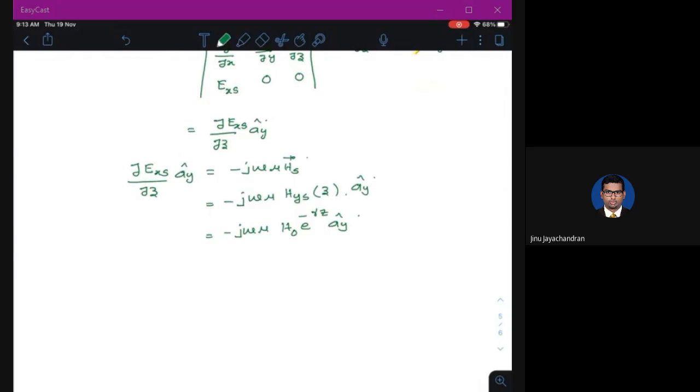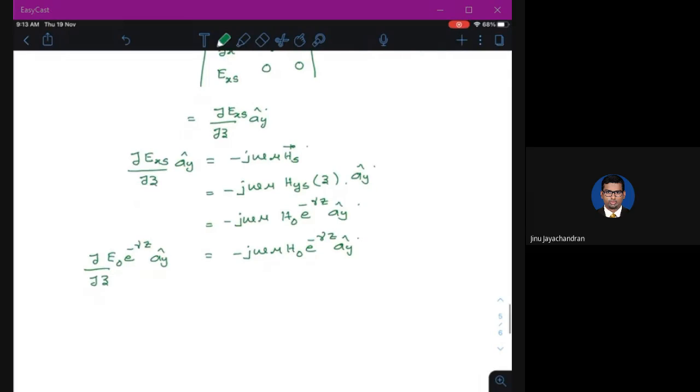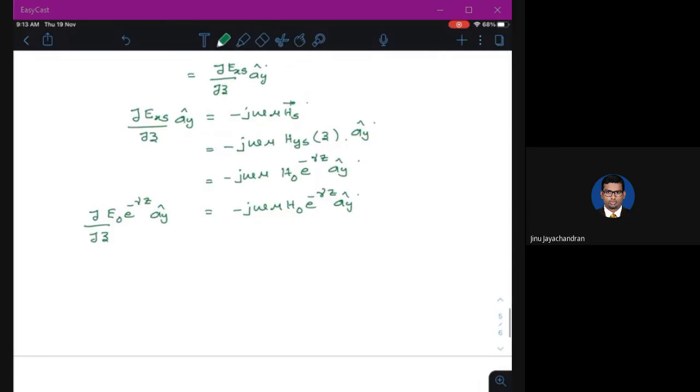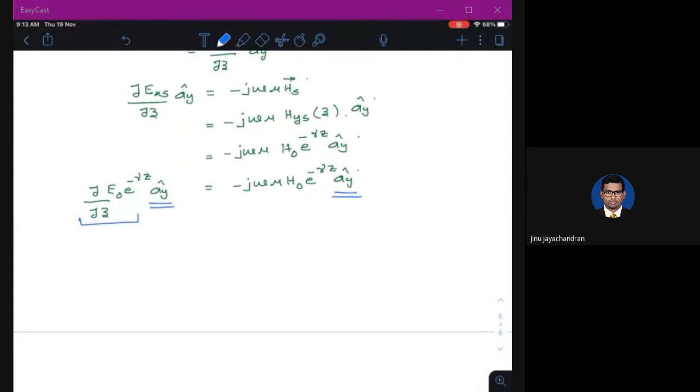So again, I can write this complete equation as dou by dou Z EXS, which is E0 e raised to minus gamma Z, which we have derived, AY cap is equal to minus j omega mu H0 e raised to minus gamma Z AY cap. And AY cap is there in both sides, which means both are in same direction. So I don't want to consider direction. I can just differentiate this with respect to Z.